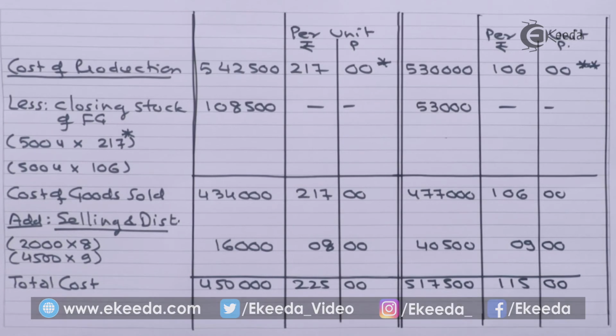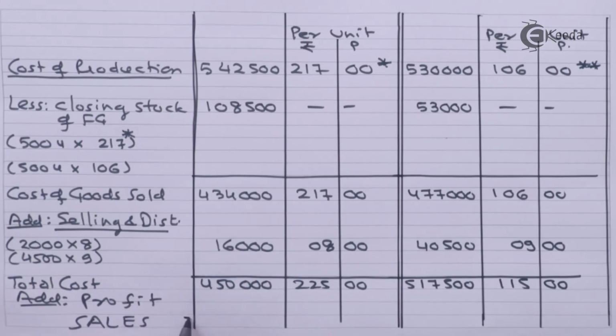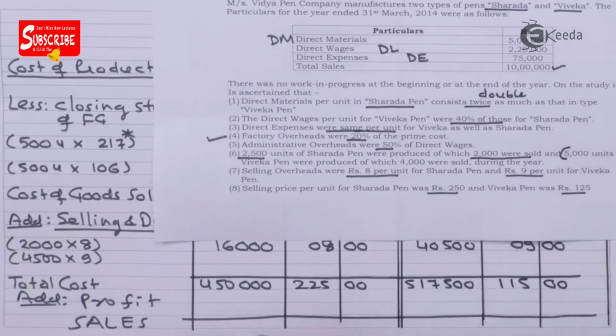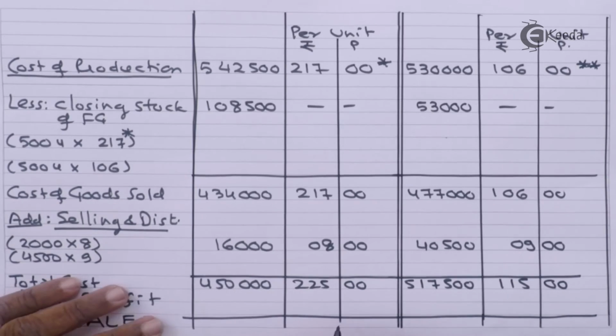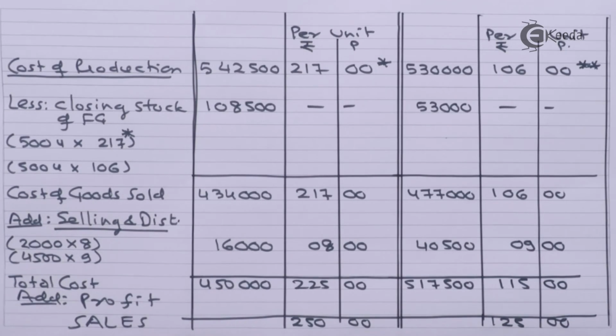To this we will be adding profit, selling price per unit for Sharada 250 and for Vivek 125. Based on per unit selling price, we can calculate total sales.